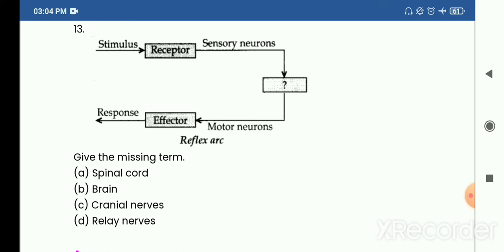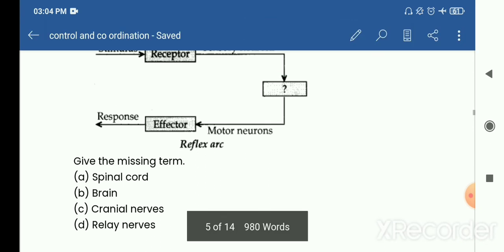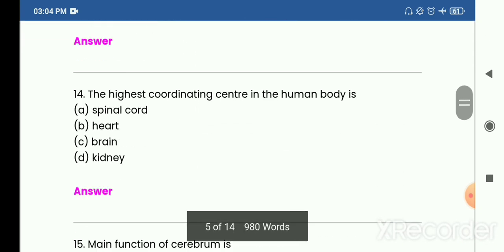Option A, spinal cord. The stimulus received by the receptor is transported by the sensory neurons to the spinal cord, then from the spinal cord to the effector and the response is seen. So for question number 13, option A is the right answer.